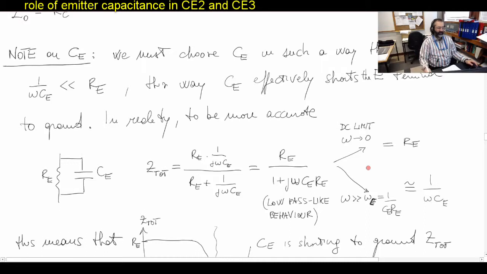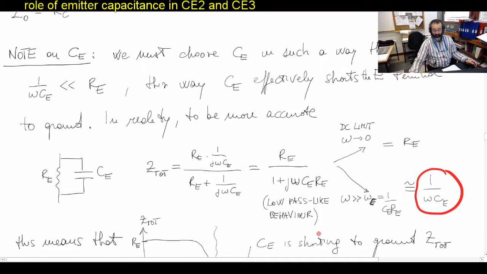The capacitor becomes irrelevant. On the other hand, when omega is much bigger than omega E, let's call it, which is 1 over CE RE, then the total impedance is effectively the impedance of the capacitor.